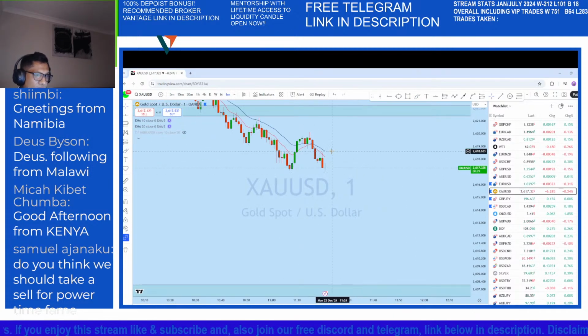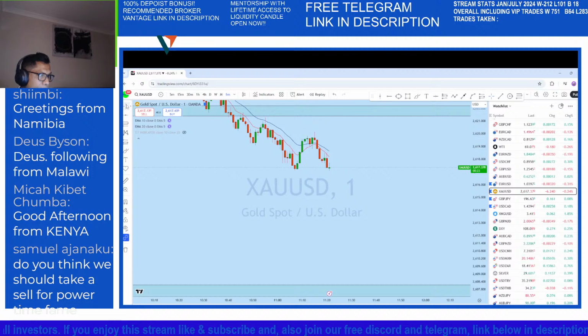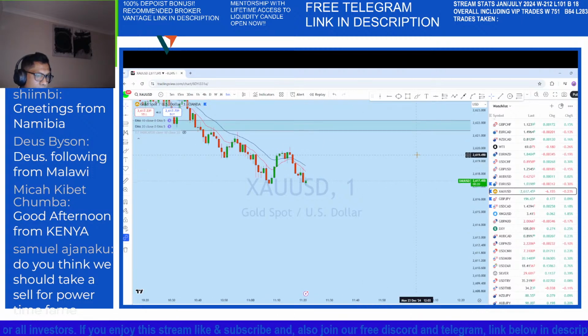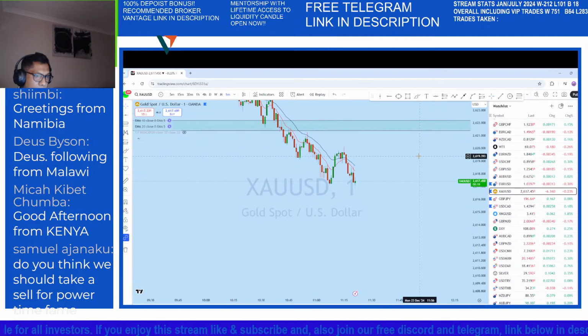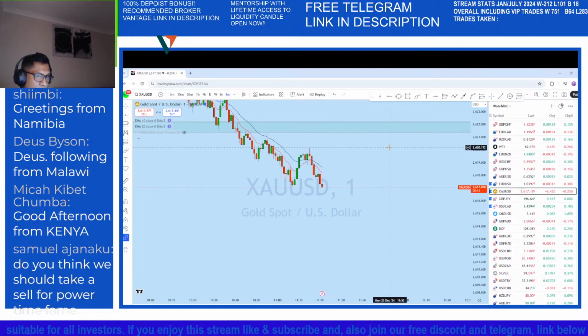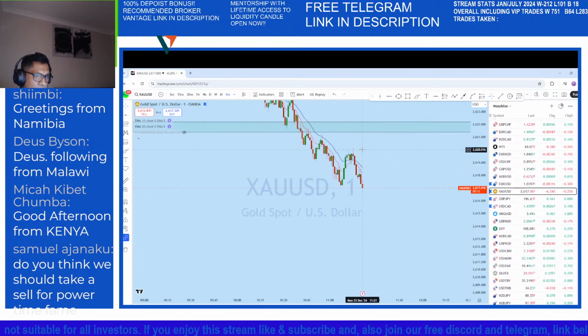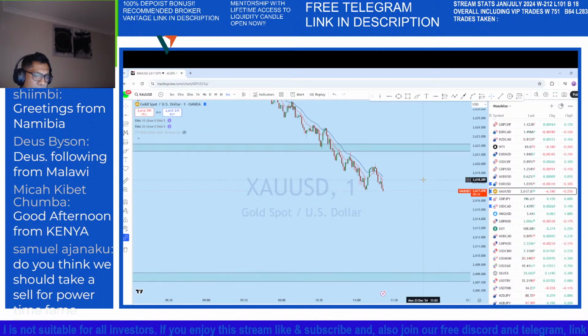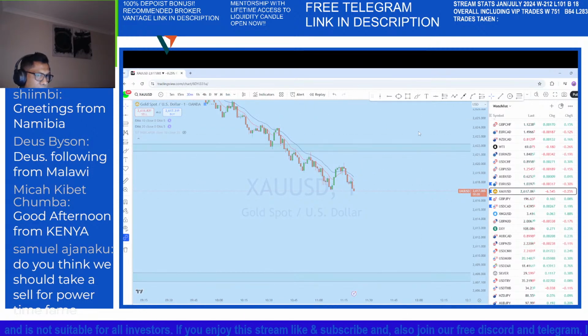Looking here, you can see that this is a 1 minute. There are back to back two important doji formations here. There is a liquidity gap here, and the market is trying to trend in the direction again.